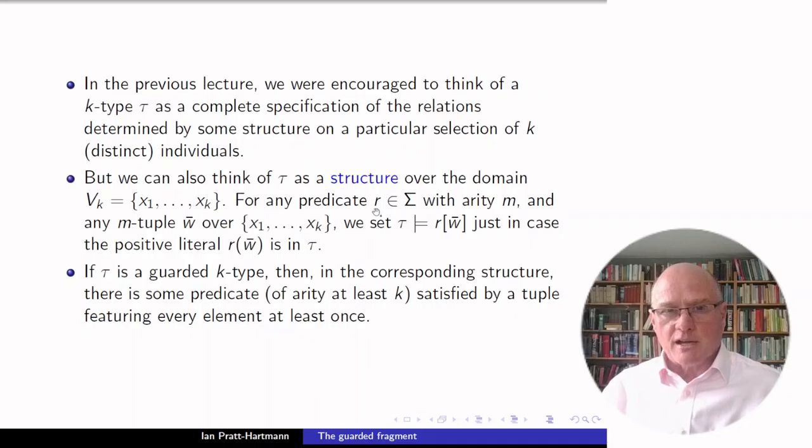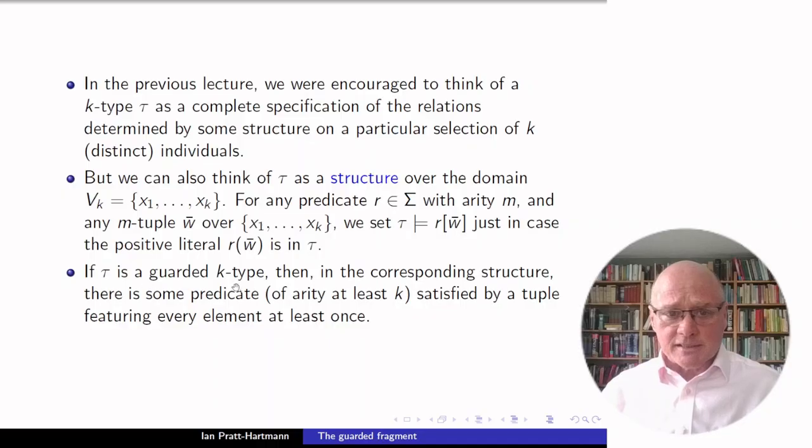For any predicate R in the relevant signature with arity M, and any M-tuple over these objects, which are now variables, we take that tuple to satisfy the predicate R in this structure just in case the relevant literal R applied to W is in the type. So technically a type is a set of literals, but we can think of a type as a little model, as a little structure whose domain is the set of variables themselves.